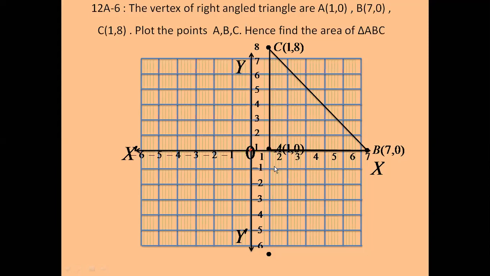Understand? So now we have to find the value of the area of ABC. Area equals half into base into height. Here the base, you can see, will be the value 7, and the height is the 8 value.